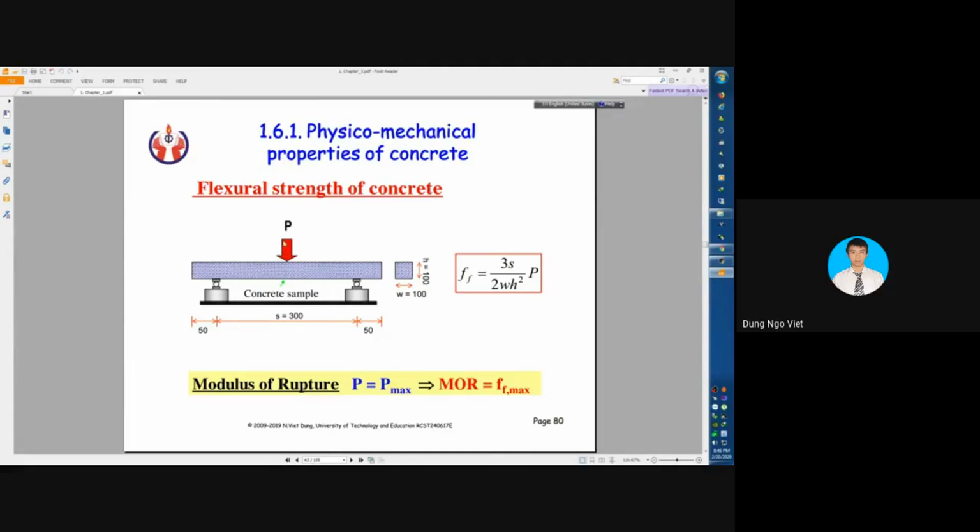And this load causes a moment, and it makes the concrete bend. And they can calculate the flexural strength of concrete.